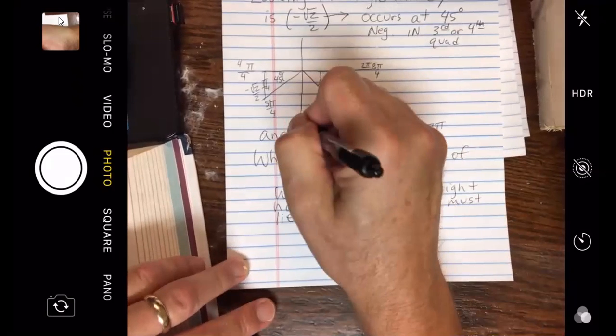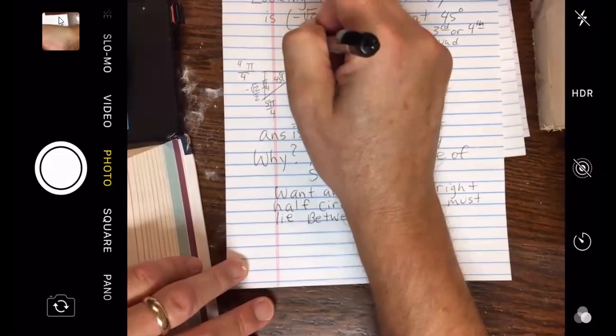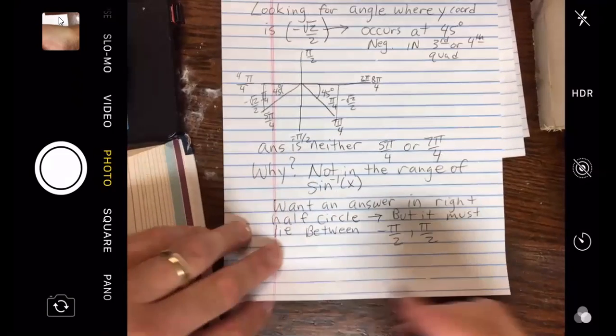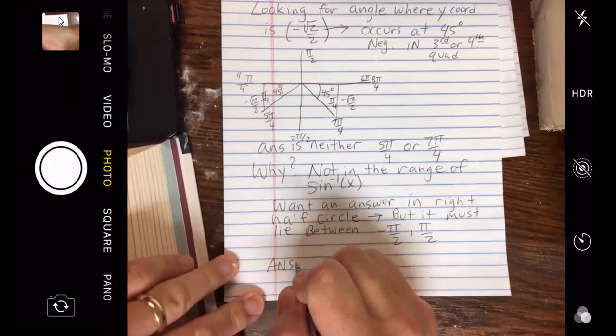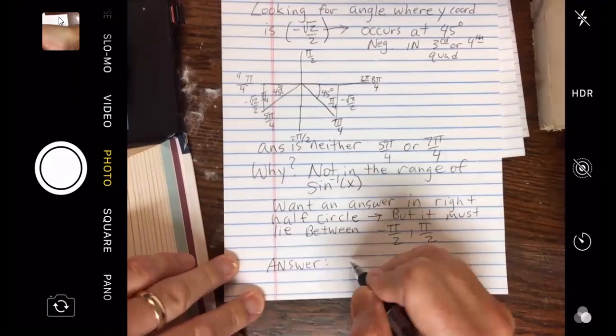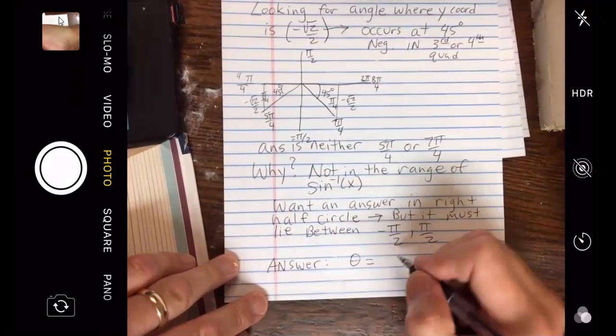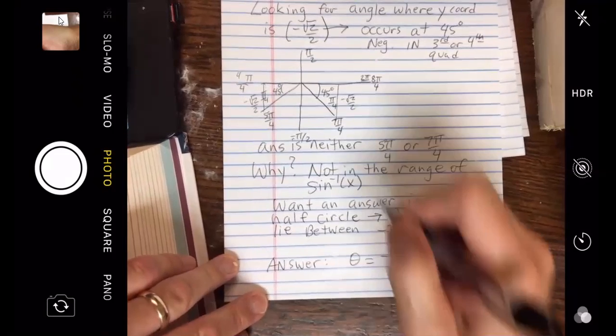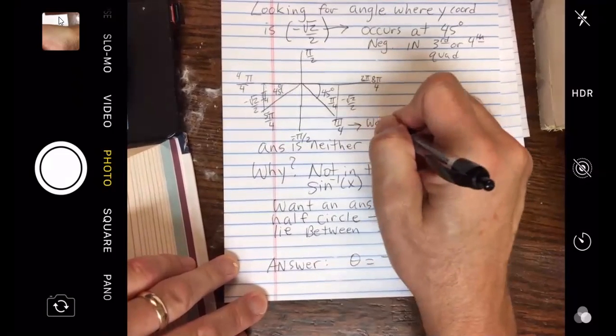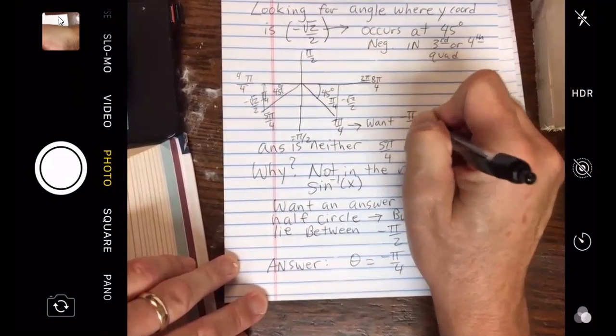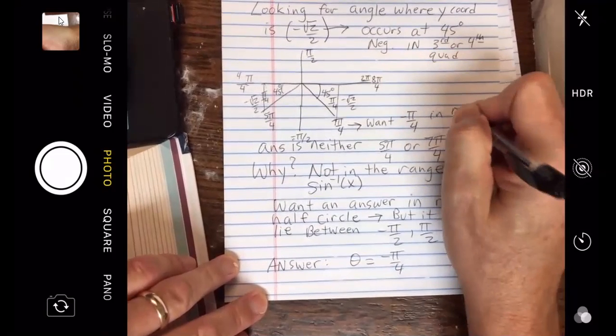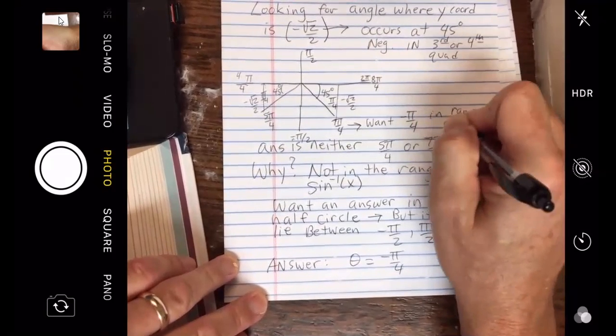So your actual answer, your theta, is negative pi over 4. You actually want negative pi over 4. It's in the range of arc sine.